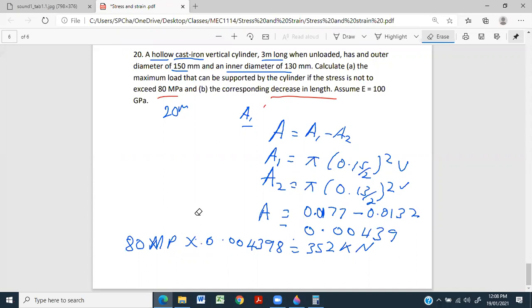All right, get the kilonewtons because it's going to be in M, right? So this here is going to be in meganewtons. So 1 meganewton is equal to 1,000 kilonewtons. So yeah, just multiply by 1,000.